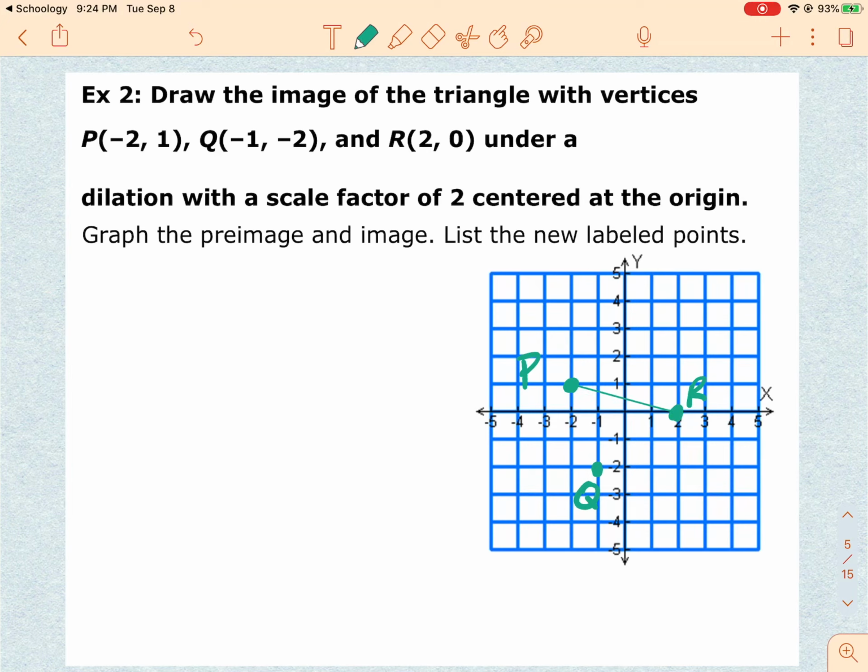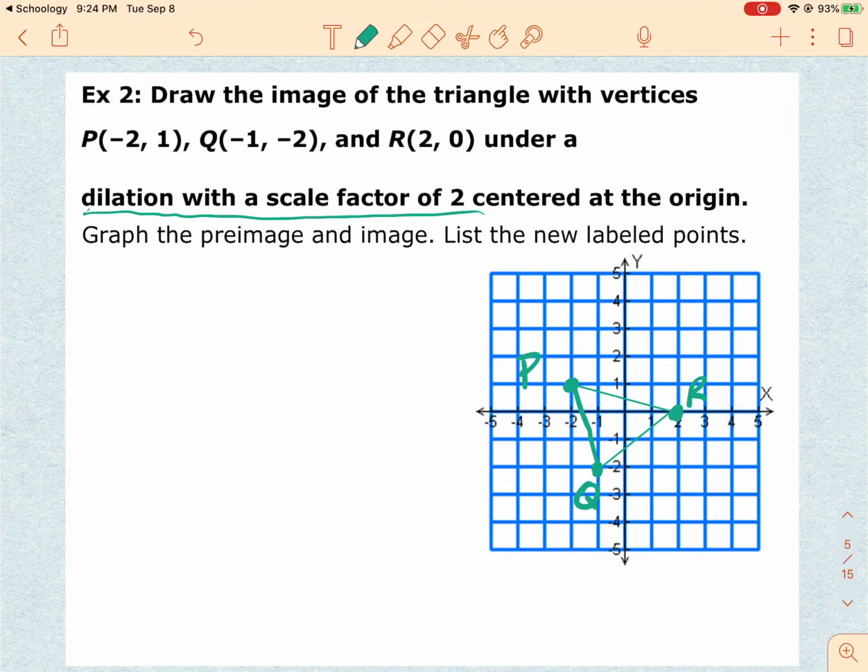So we connect those points and make our triangle. It looks something like that. Then they tell us under a dilation with a scale factor of 2.